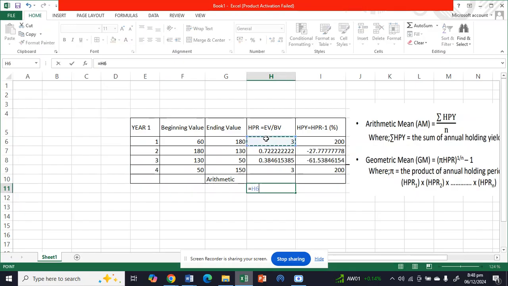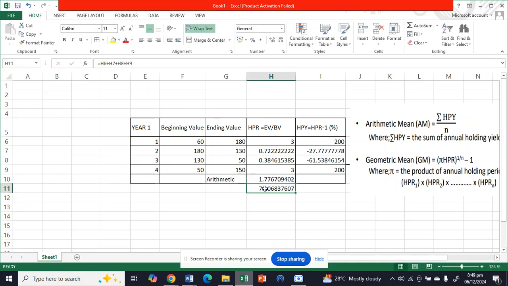We're going to say 3 plus 0.72 plus 0.368 plus 3, we get 7.1. And this 7.1 we're going to divide by the 4 years.